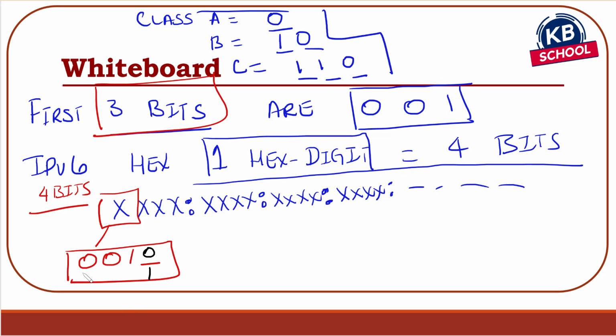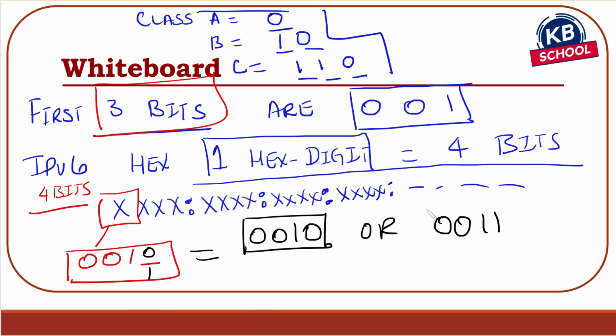So the first hex digit has 2 combinations that make it a global address: one is 0010, or 0011. Those are the 2 combinations.